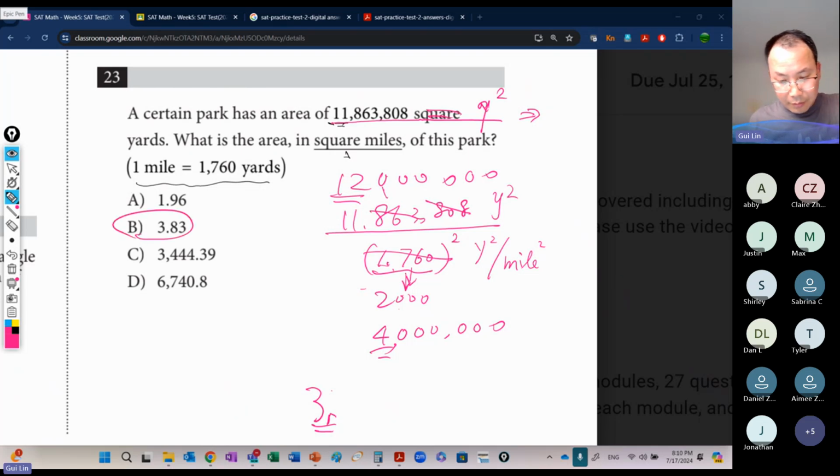That should be the answer. Do some estimation, right? It should be close to this number, it cannot be so big. You guys do the estimation part. Make it around the closest number.